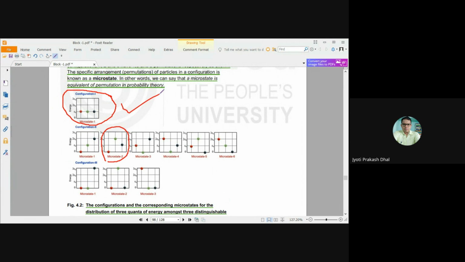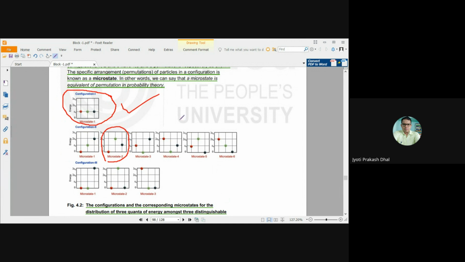So here in configuration 2, a large number of microstates are there, because all the three particles are distinguishable. As the three particles are distinguishable, in configuration 2 there are 6 microstates. But if the particles were indistinguishable, only one microstate would be there in configuration 2, as we have already discussed.